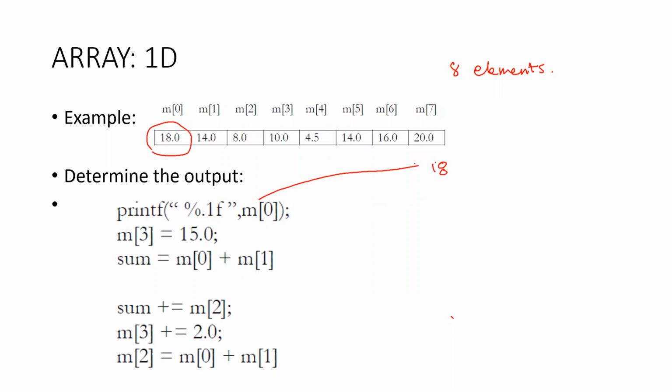So yang ni merujuk kepada yang sini. Kemudian M3 is equals to 15. So yang sekarang ni, yang tadi dia 10. So dia akan replace by 15.0. Okay, dan tengok dia punya operation, next operation, sum equals to M0 plus M1.